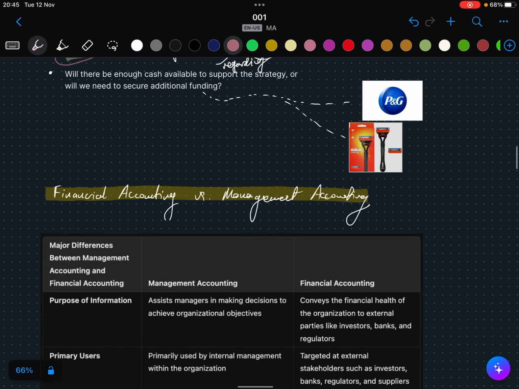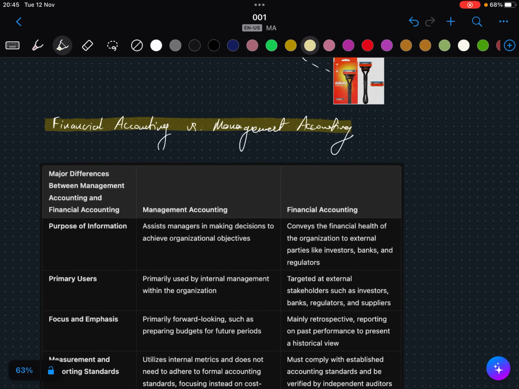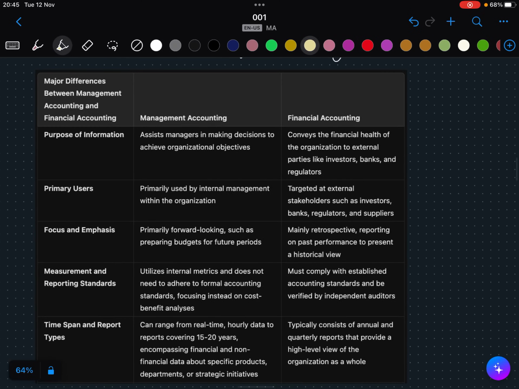And now let's get into the differences between financial accounting and management accounting. So, what is the purpose of information in management accounting? Well, the purpose of information is to assist managers in making decisions to achieve organizational objectives.